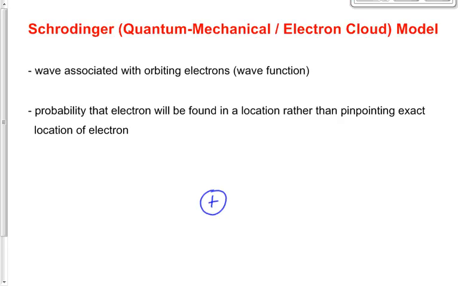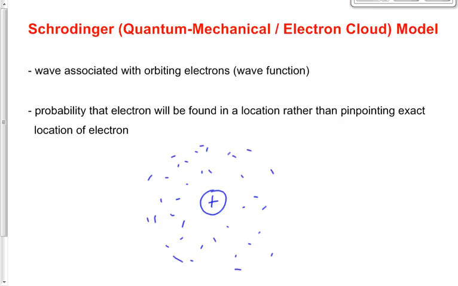No, not exactly. It's not saying that it's random, the position of these electrons. We're saying that it's a quantum mechanical phenomenon, which means that we can't know. It's an acknowledgement, not that we don't know where these electrons are, it's an acknowledgement that we can't know where these electrons are. What this model says is that electrons exist in clouds surrounding the nucleus.